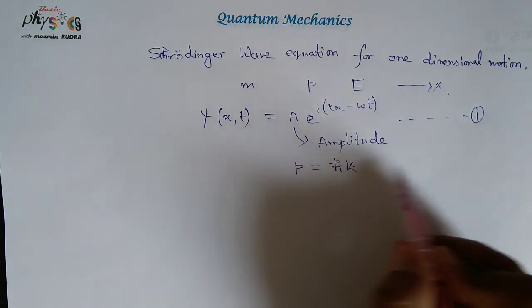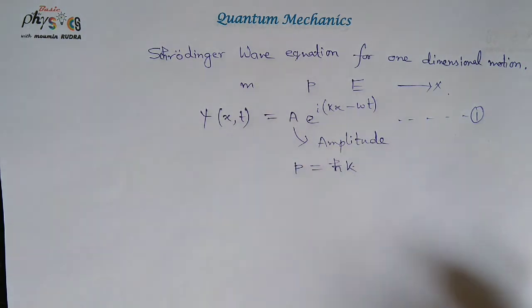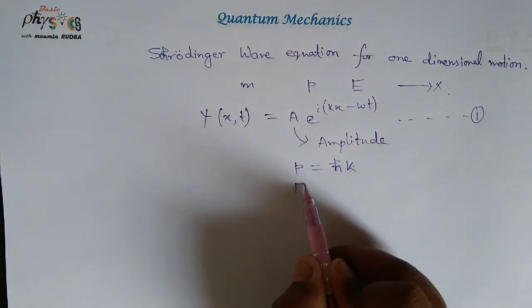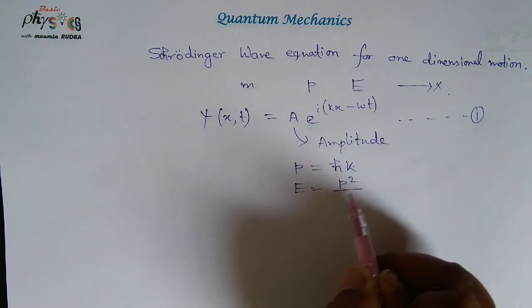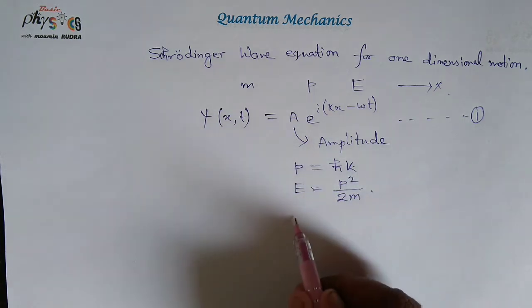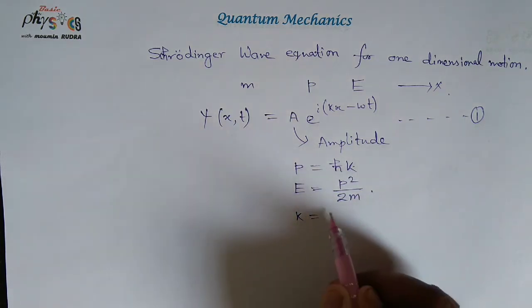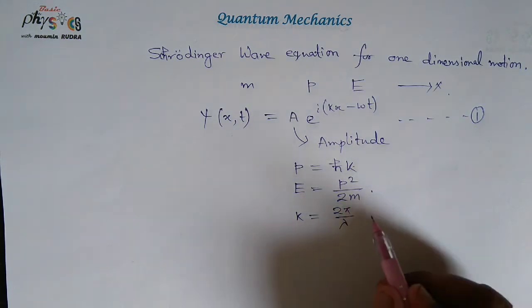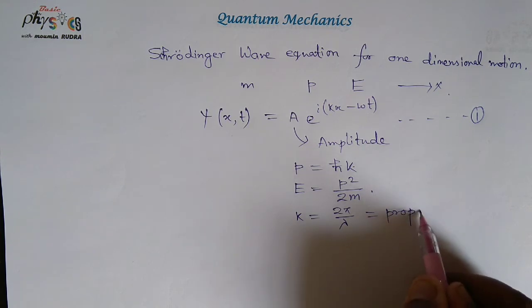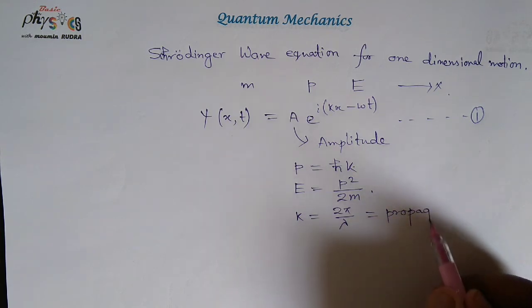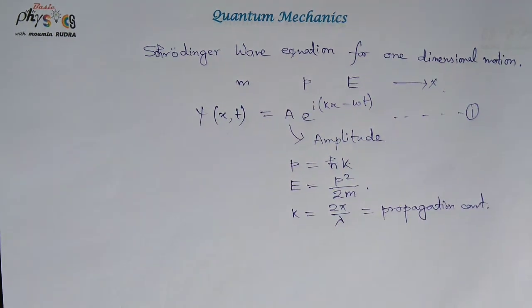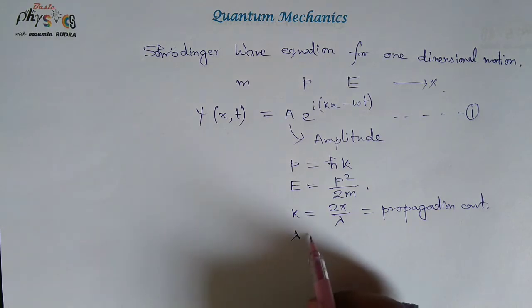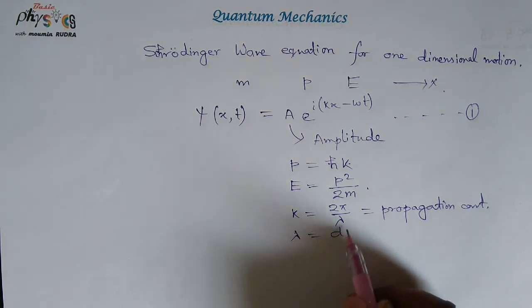So this is the momentum of the particle along the x direction, and E is the energy equal to p square by 2m, and also k equals 2 pi by lambda, the propagation constant, where lambda is the de Broglie wavelength.